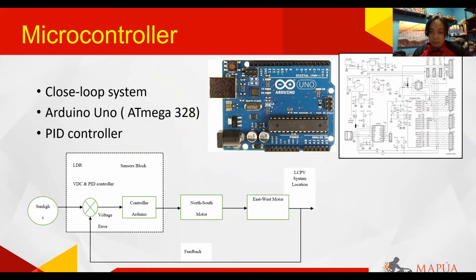The PID controller was applied to the dual axis tracker to ensure the system functions within its mechanical limits, and it controls the motor to prevent jerking that can cause the gear to fail.